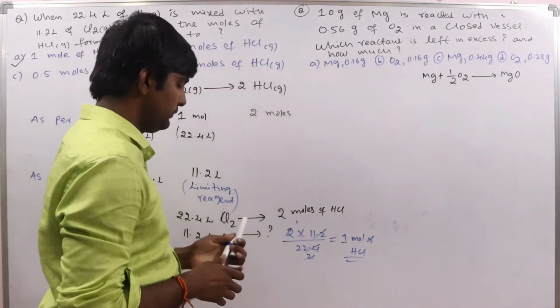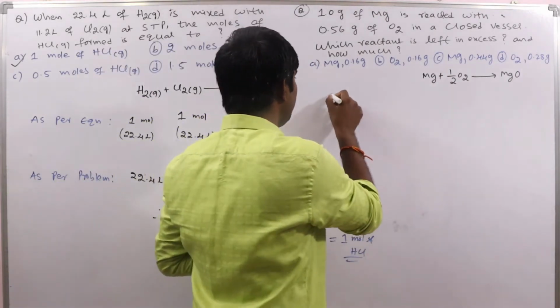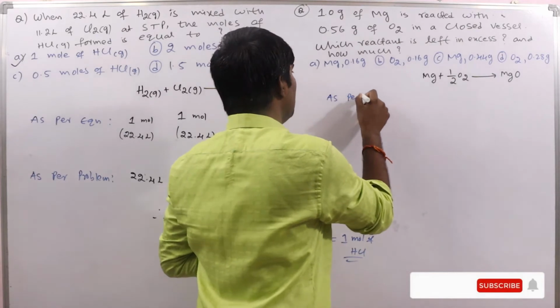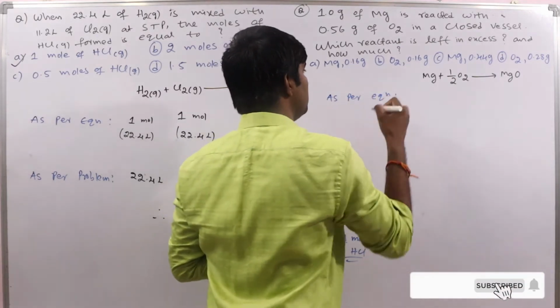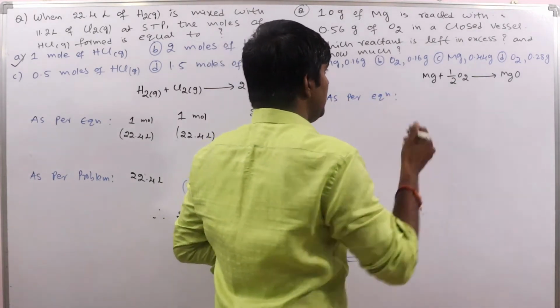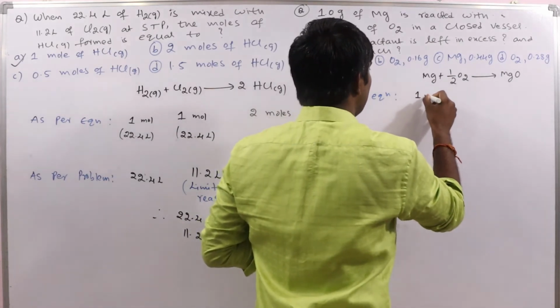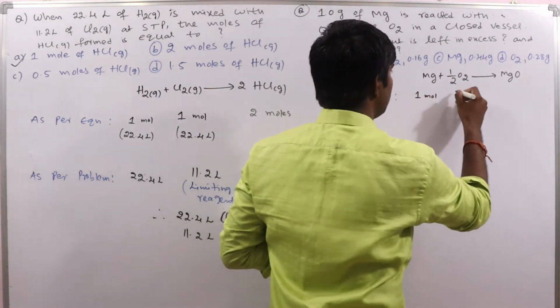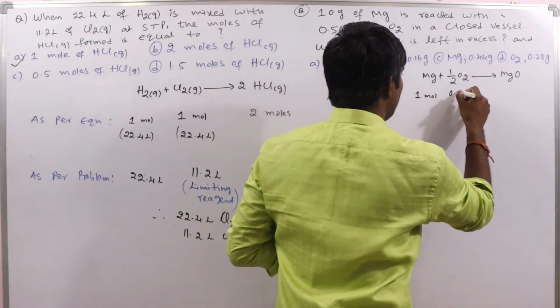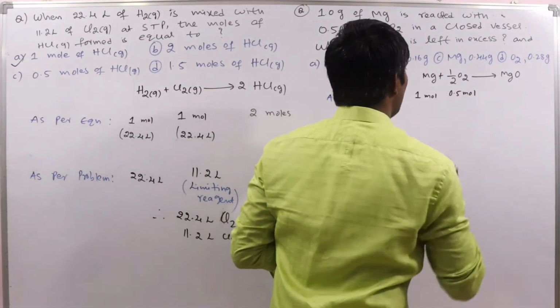Now, same thing, as per the balanced equation, 1 mole of magnesium requires 0.5 mole of O2.